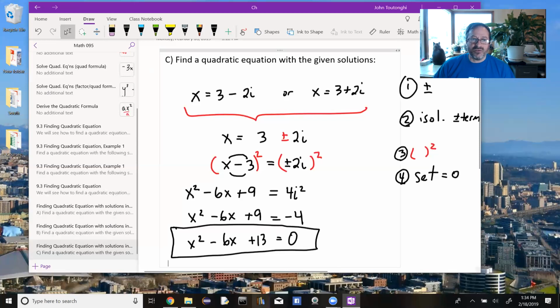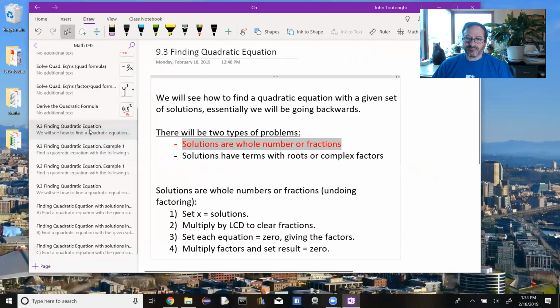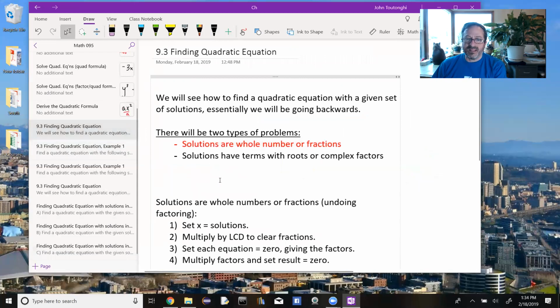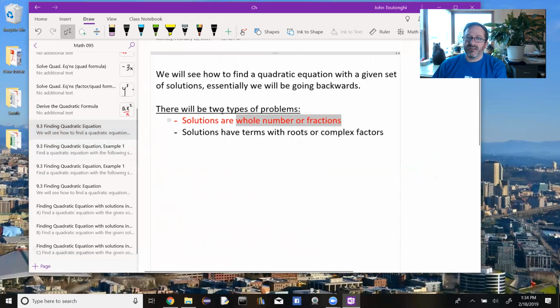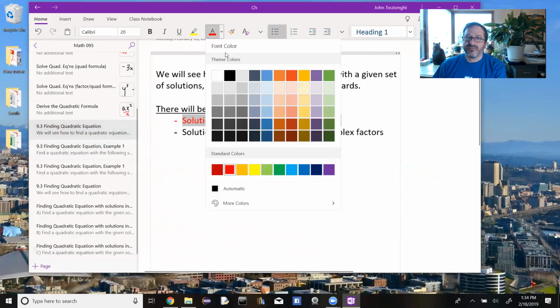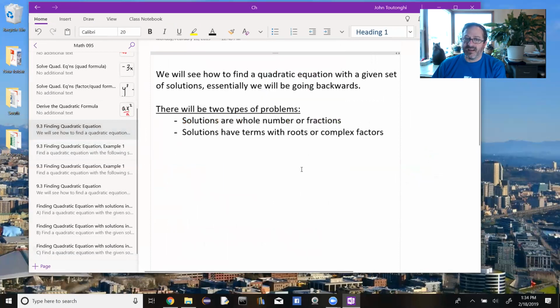Going backwards, when you have the solutions of a quadratic equation, there essentially are two different methods that we use. One that involves when the solutions are whole numbers or fractions, and the other when the solutions have roots or complex factors.